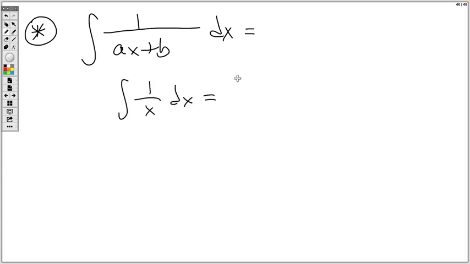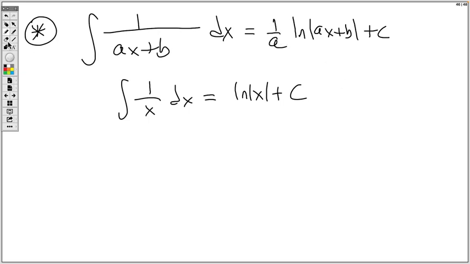What's this one? Perfect. This is just a linear substitution for that. So this is going to be more or less this. But what's going to have to be out front to counteract the chain rule? Okay? So this will be one for us to remember.